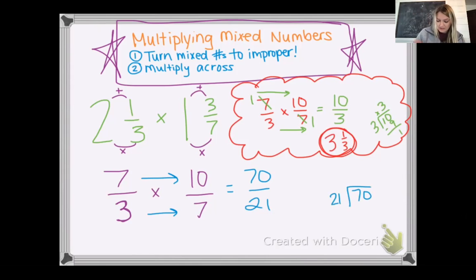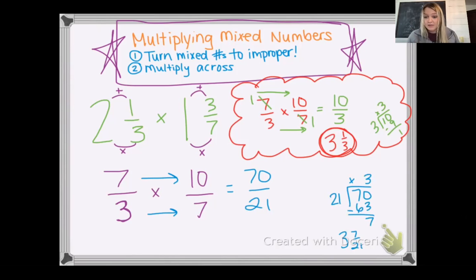So I'm thinking, oh my gosh, okay, 20, 40, 60, 80, probably only 3 times. So I'm going to say, let's do 3 times 21. And then I have to say, okay, that'd be 20, 40, 60, 63, I do believe. Oh, and then I have to subtract. So that's 7 left over. So I get 3 and 7/21.